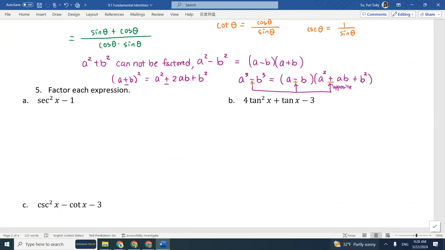So with a being secant x, b is 1, right? So we got secant x minus 1, and then secant x plus 1. Is that okay, everybody? Yes?